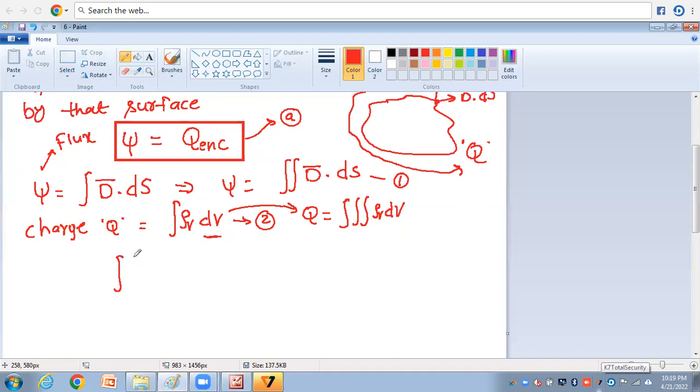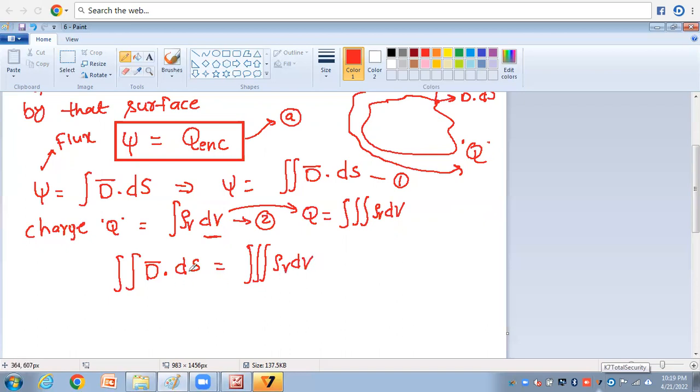Then I will write double integral D bar dot dS equal to triple integral rho v dv.